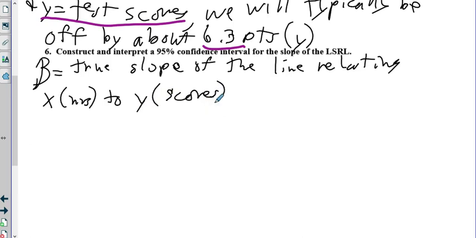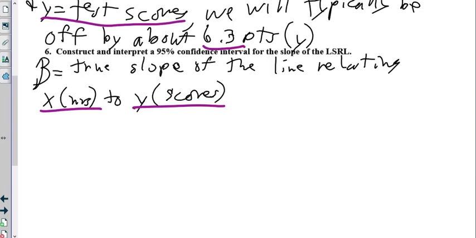Okay? So again, this is one of our basic statements. We fill in this and that. So it's a true slope of the line relating blank to blank. And you just fill in X and Y from the original problem.